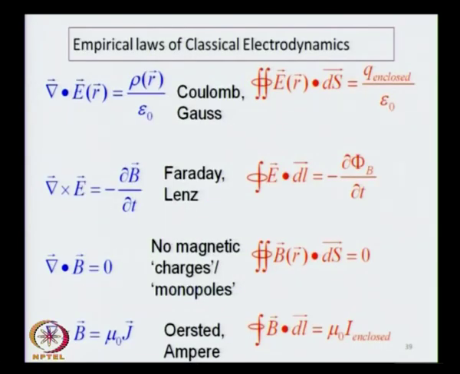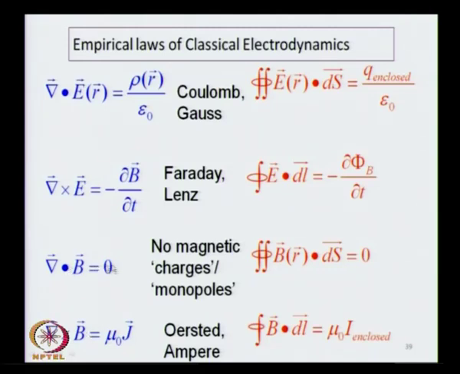So, let us compile what we have learnt so far, and these are all empirical laws. You have Coulomb's law, corresponding to which, using simple geometry, we got Gauss's law. So, this is the Coulomb-Gauss law. Then we have the Faraday-Lenz law. Then, from the Biot-Savart law, we found that the divergence and the curl of the magnetic field are given by these two relationships.